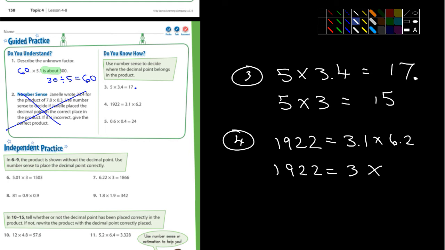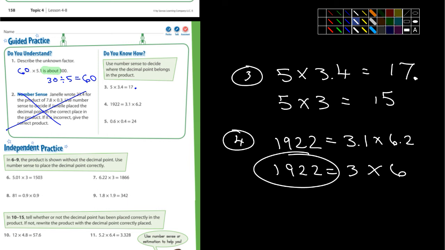Yeah, just 6. So, we rounded them, make them easier to work with. Mr. Moyers, 3 times 6 is what? 18. Okay, now look at the answer. We know it's going to be really close to 18.